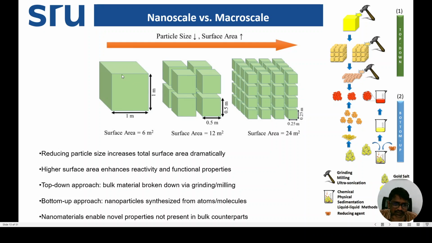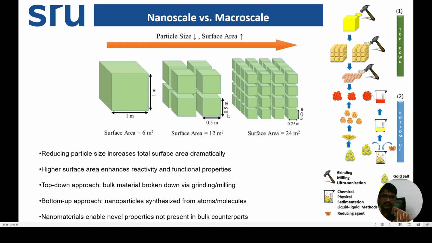The same cube is divided into 8 cubes. Then what is happening? The side of each piece became 0.5 meter, initially it was 1 meter.